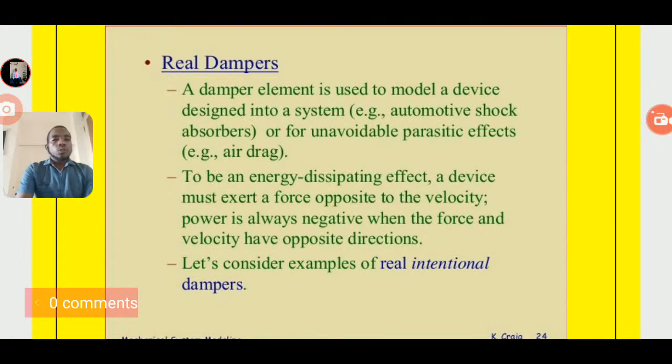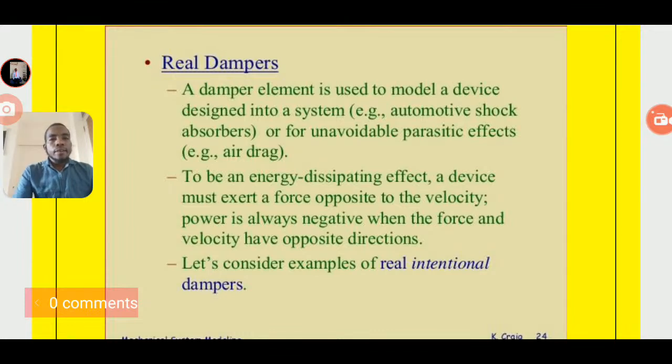To be an energy dissipating device, it must exert a force opposed to the velocity. If the device exerts force opposed to the velocity, we can say that device is an energy dissipating device, or has an energy dissipating effect.